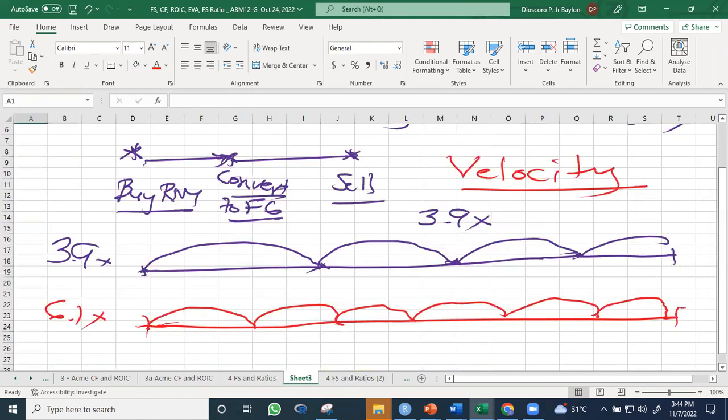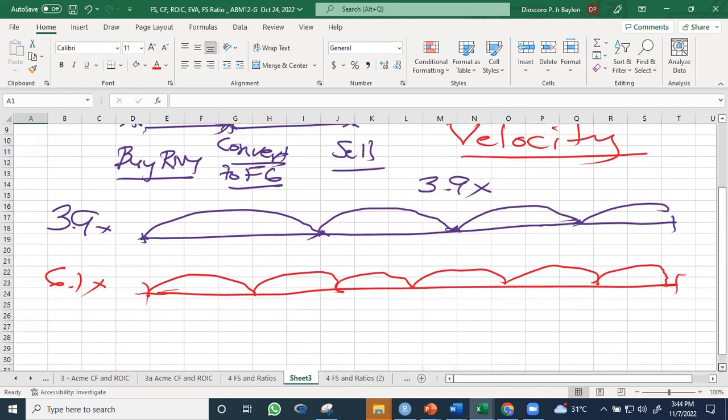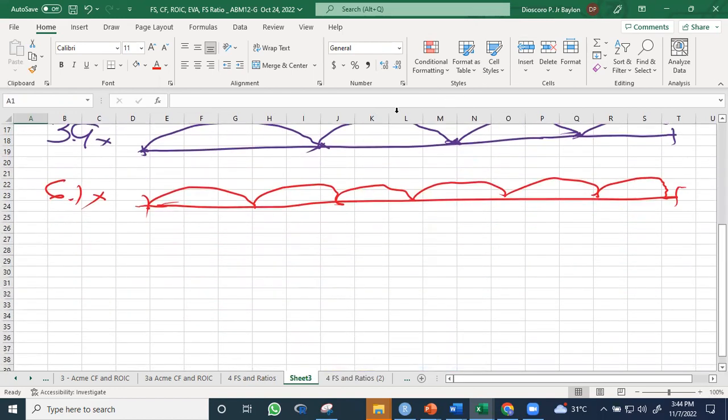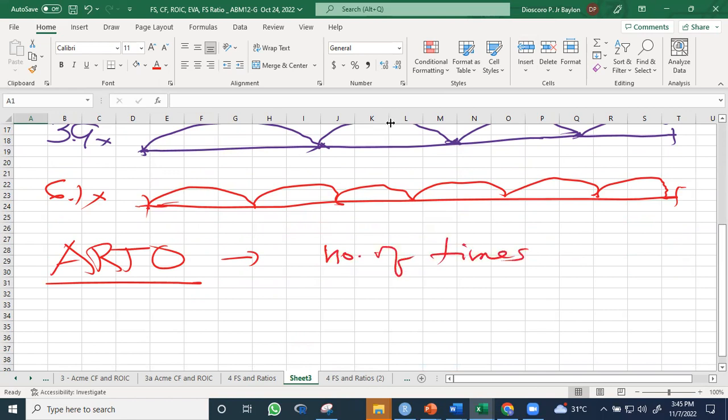Okay, let's go back to our illustration. So now we have ARTO here. Accounts receivable turnover. So again, this is number of times. Number of times what? A company from sales, how many times a year is it able to collect? Okay.